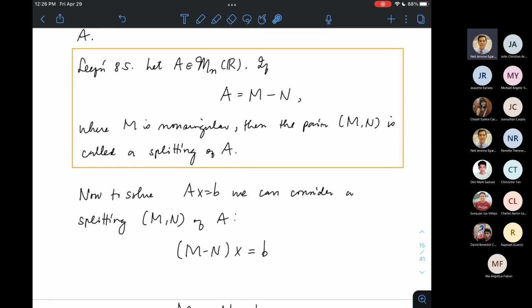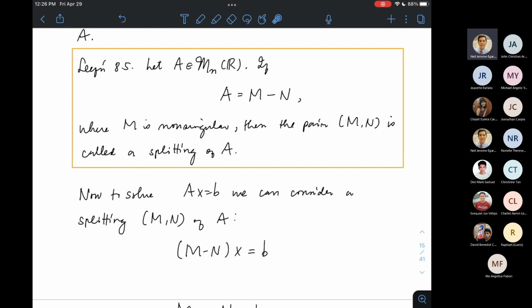Pero what do we mean when we say splitting of a matrix? So if you have an n by n matrix A, we call the pair M, N to be a splitting of the matrix A if A can be written as M minus N, where the minuend matrix M is non-singular. Kaya siya tinawag na splitting kasi hinahati mo or sinusulat mo into two parts yung matrix A in terms of a subtraction.